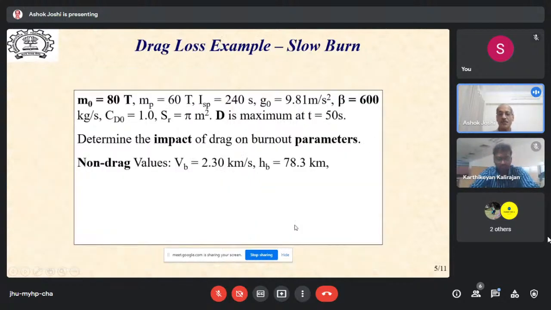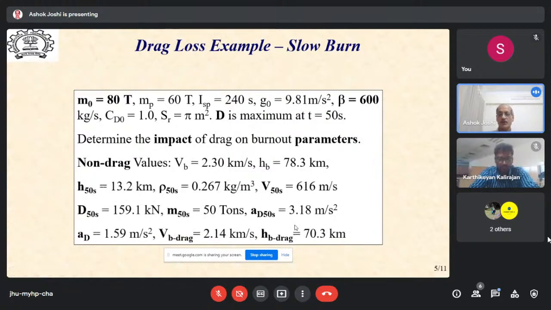And based on that model, we then project that if this was the baseline trajectory, which represents a particular dynamic pressure value, then at the peak dynamic pressure, I'm going to calculate the drag value and say this is my maximum drag deceleration which is going to be experienced by the vehicle.